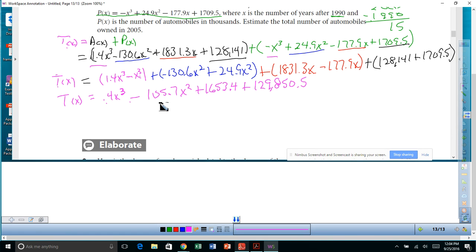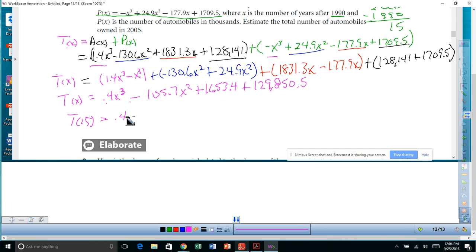So that equation gives us the total number of cars in the U.S. in a particular year from 1990 on, or an estimate. We want to know about the year 2005. So we're going to put T of 15 in there. We calculated that earlier.